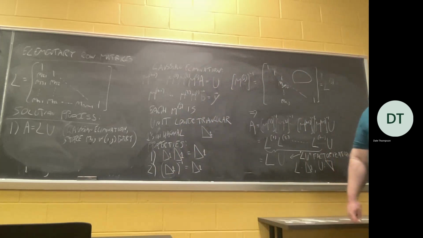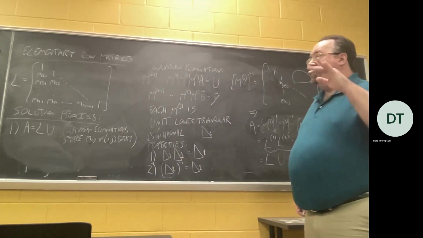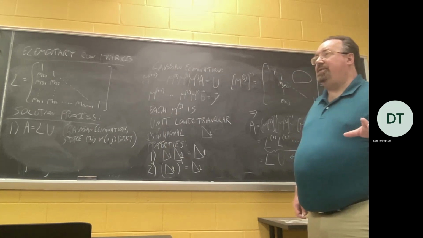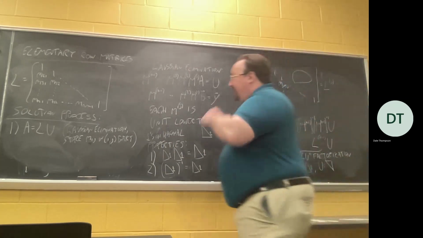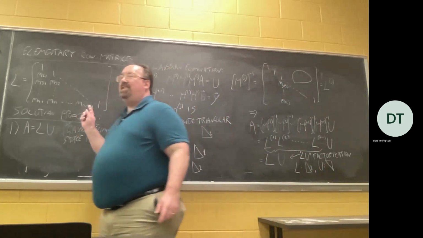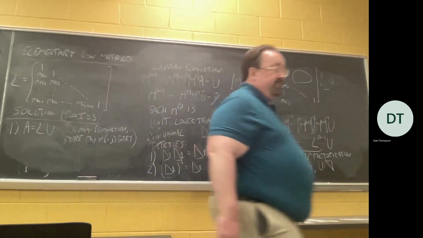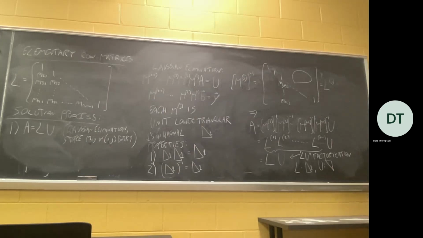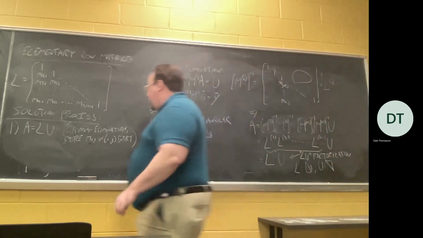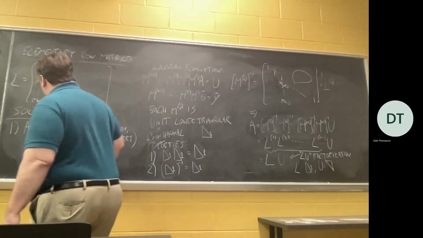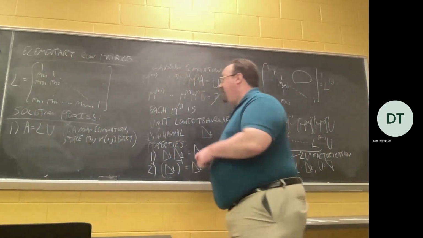The upper triangle and the main diagonal hold U. Everything below the main diagonal stores the multipliers. We don't need to store the diagonal of L because we know what it is. It's all ones. So we don't need any additional storage for the LU decomposition.